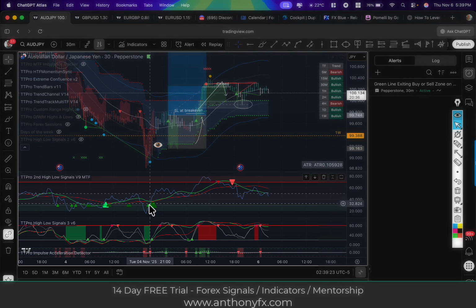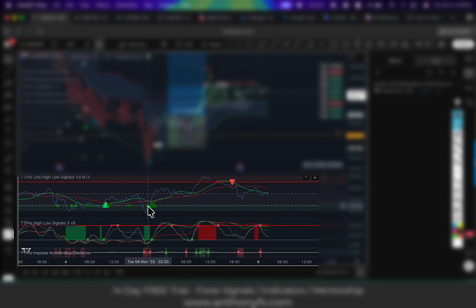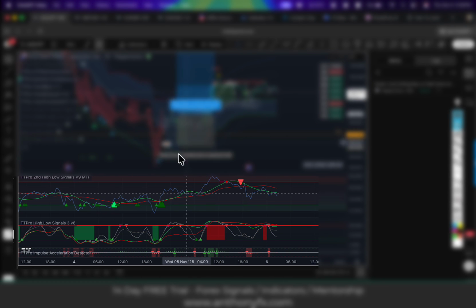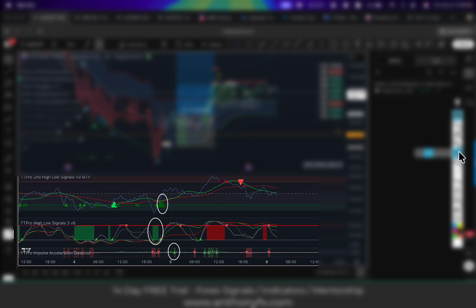This is a really important alert, this one down in here, because it usually tells us if we use this in conjunction with this signal here, and I'm yet to include this one. You don't have access to this one yet, this impulse acceleration. I'm still working on that one. But when these come together, in fact, when this goes off, most likely you're going to have that.